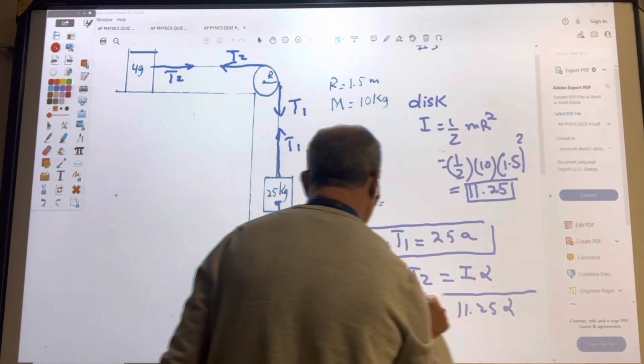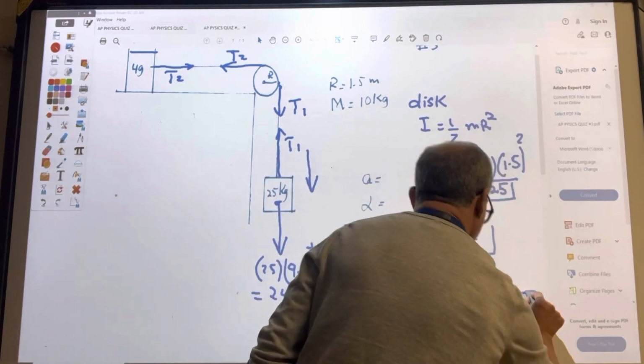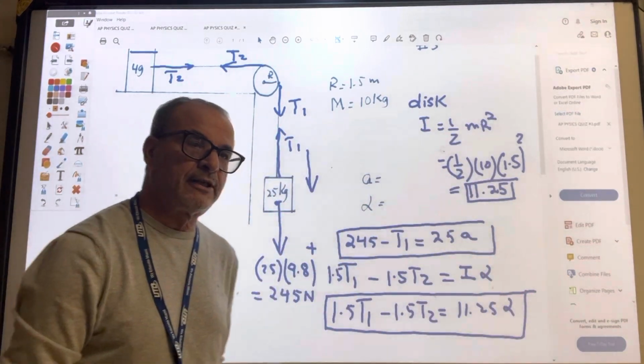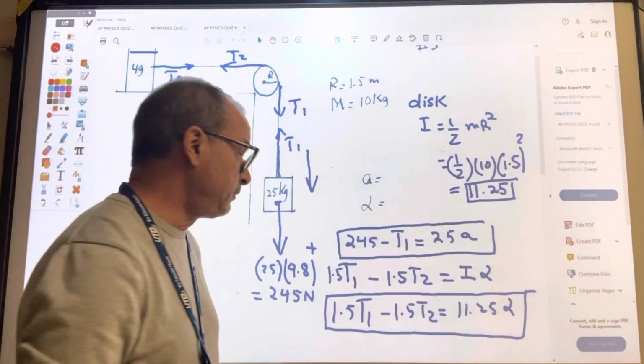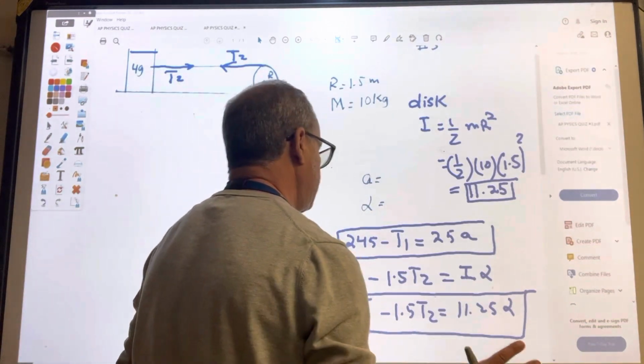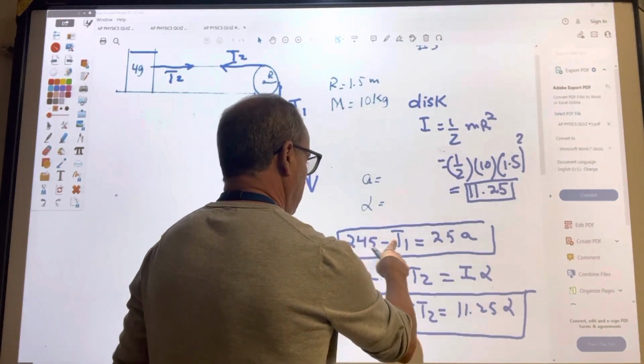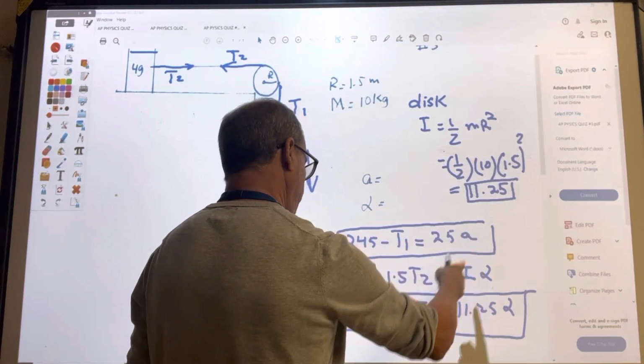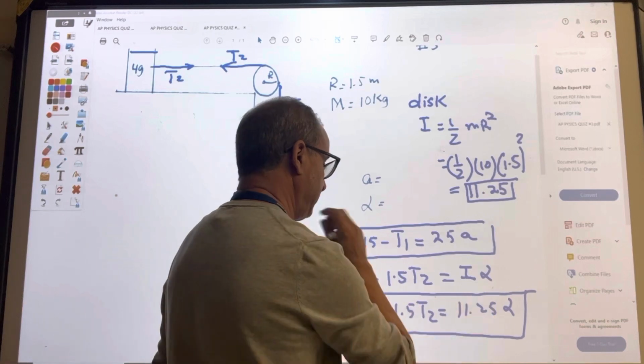Don't forget the alpha. It's easy to forget things because there are a lot of variables, so be careful. So we have T1, A, T2, and alpha.